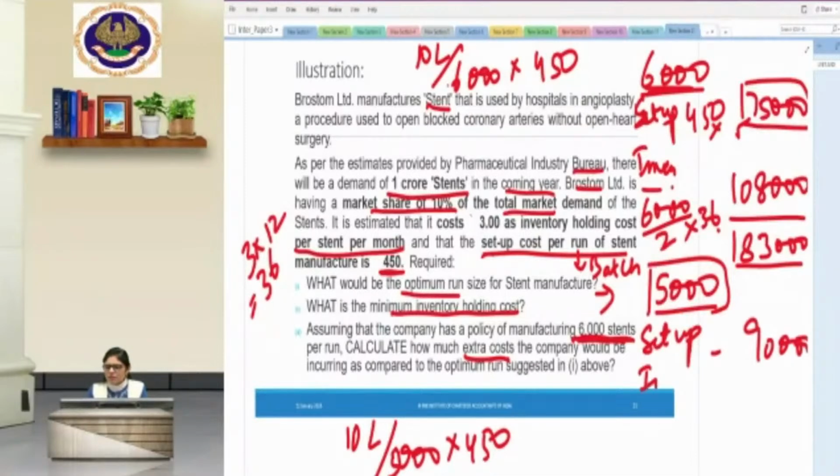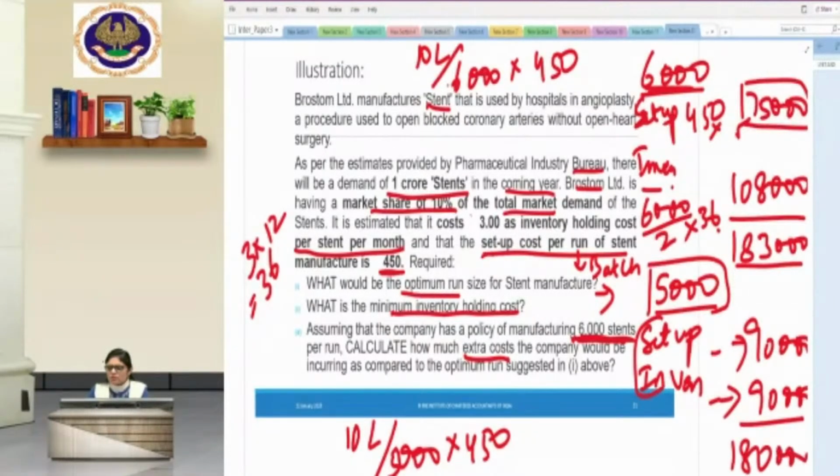And the inventory holding cost we have already calculated as 90,000. Always remember, whenever you calculate economic batch quantity or economic order quantity, the setup cost will always be equal to the inventory holding cost. So the total cost will be 1,80,000. Extra cost will be 3,000.